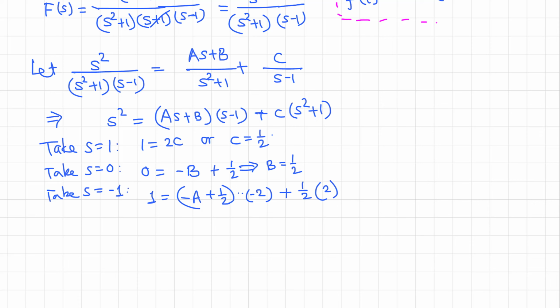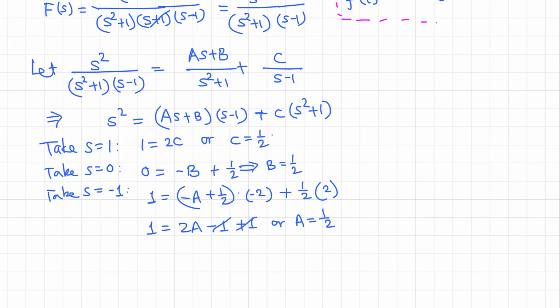Now we need to distribute this negative 2 inside, so 1 equals negative 2 times negative a, it's 2a, negative 1/2 times 2 is just negative 1, plus 1/2 times 2 is 1, so this is 0, so 2a equals 1, or a equals 1/2.